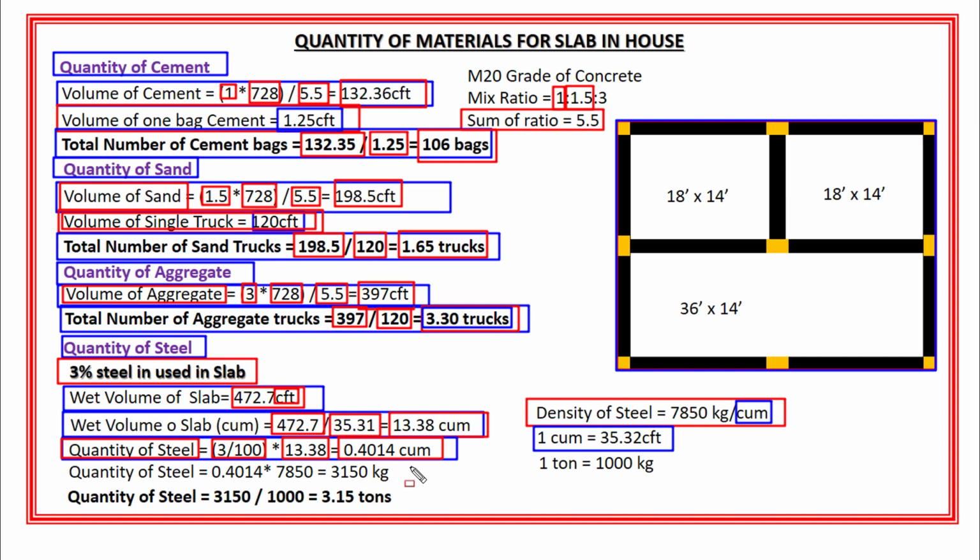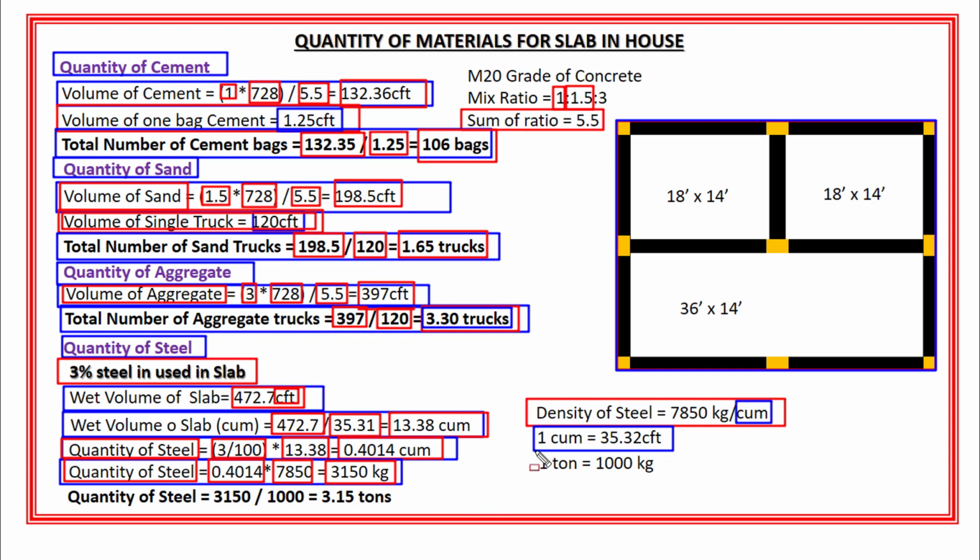So for that, the amount of steel is equal to volume of steel, which is 0.4014 cubic meter, multiplied by the density of steel, which is 7850 kg per cubic meter, and the amount of steel will become 3150 kg, right?